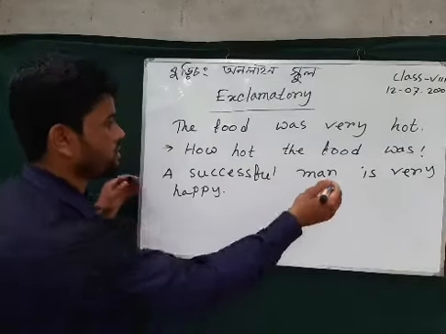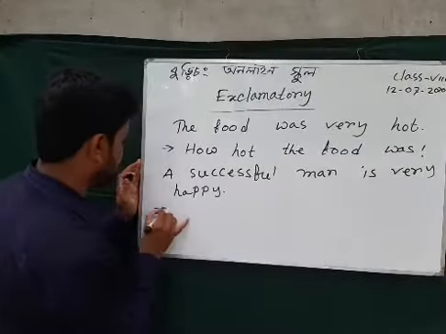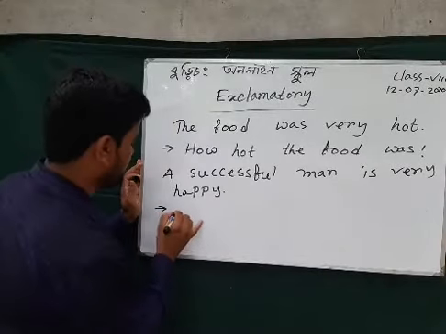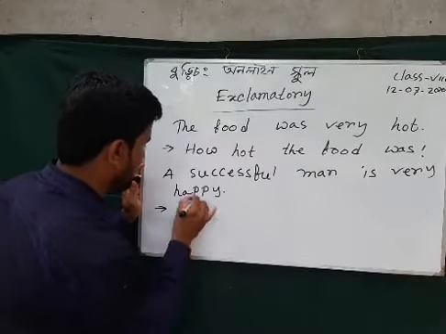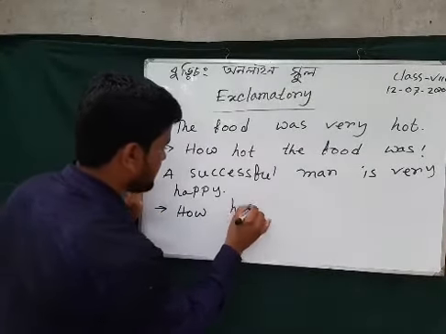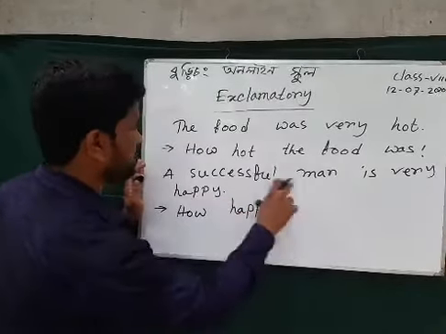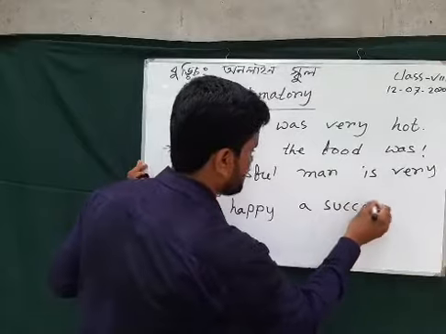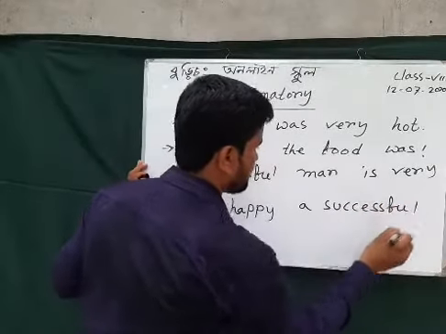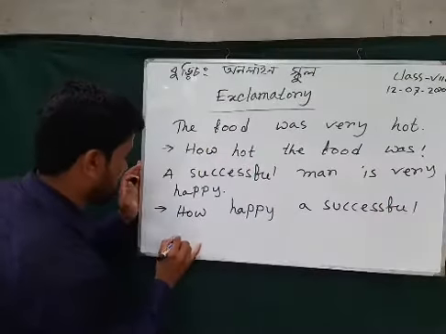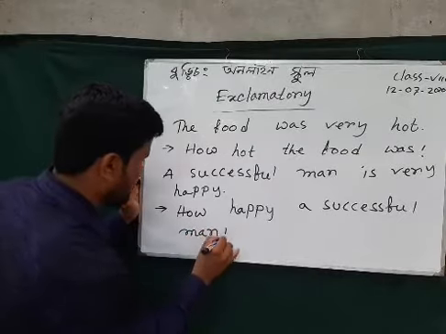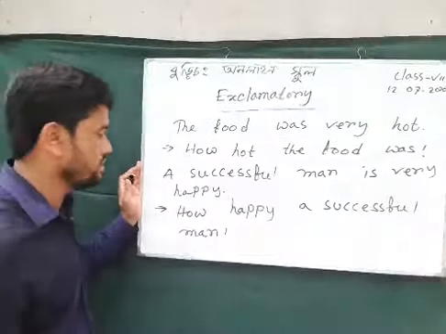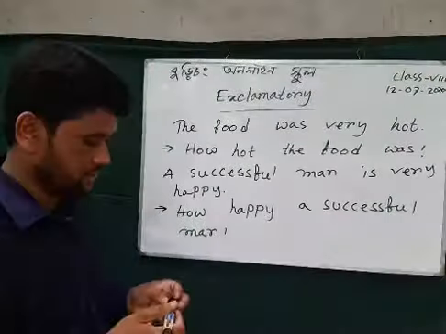Here you find very, so we can start the sentence with how, then the adjective, how happy, then you can use the subject, a successful man, and at the end you must use note of exclamation.